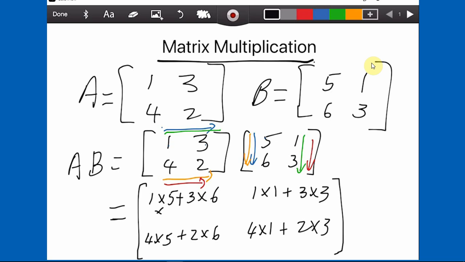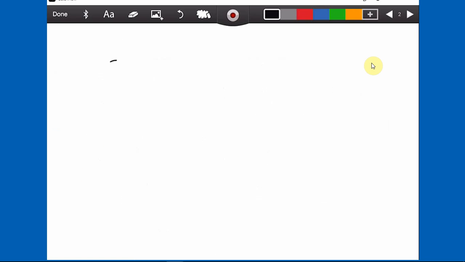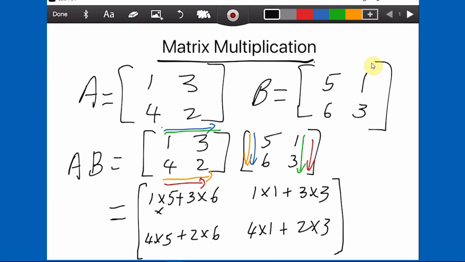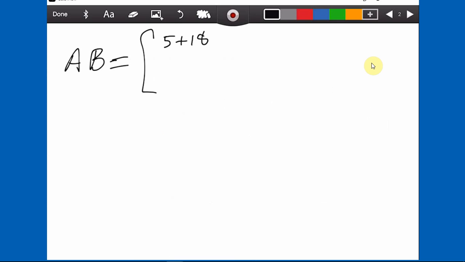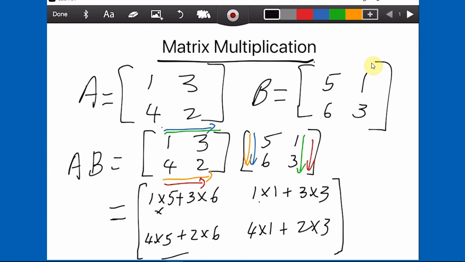So 1 by 5 is 5 plus 3 by 6, 18. So this is A times B, 5 plus 18. 1 by 1 plus 3 by 3, so 1 plus 9. Now this one, 4 5s are 20, plus 2 6s are 12.